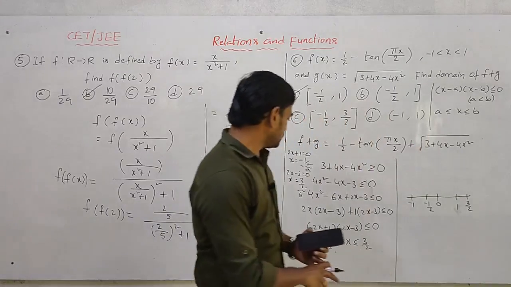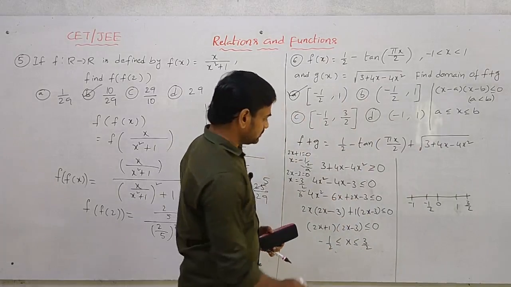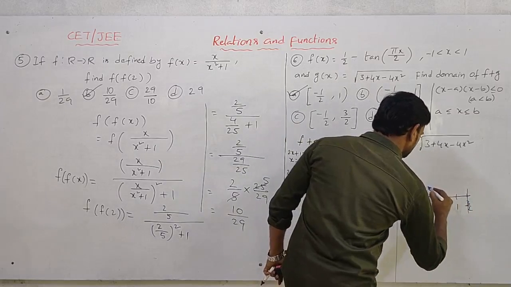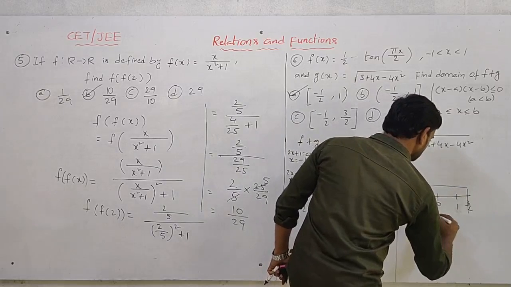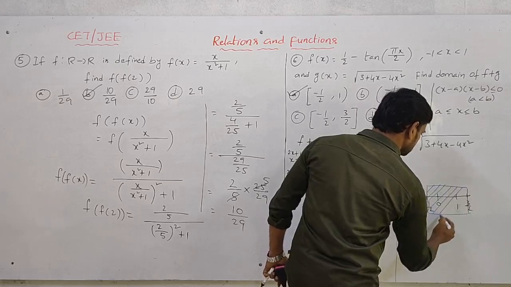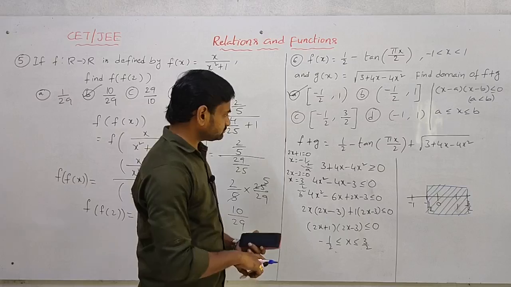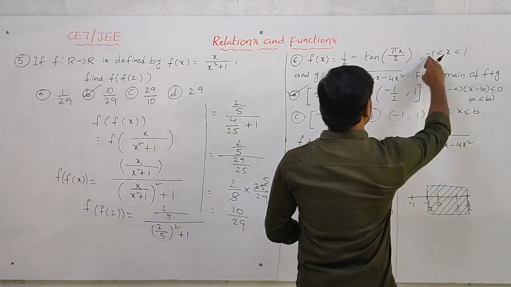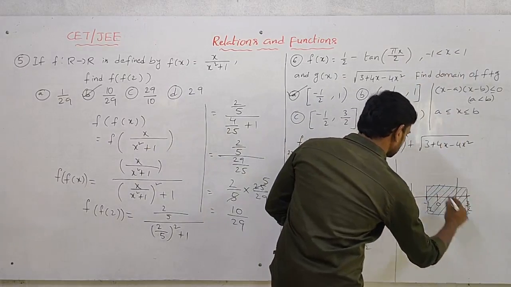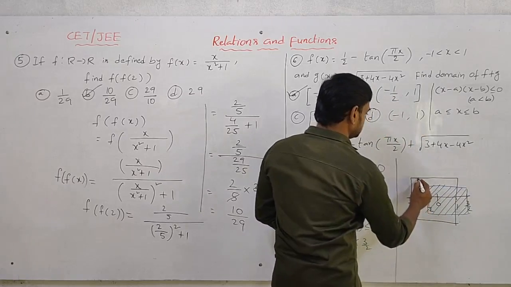I am taking this interval, minus 1 by 2 to 3 by 2, and showing it here. Next, this interval, minus 1 to 1, I am showing here.